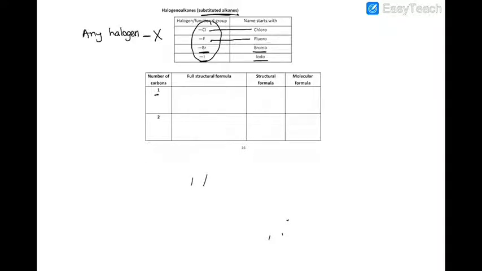So if it contains only one carbon, there's going to be one halogen. So the structural formula CH3X, molecular formula CH3X. If there are two carbons, you'll have two carbons filled up with hydrogen and then one halogen.